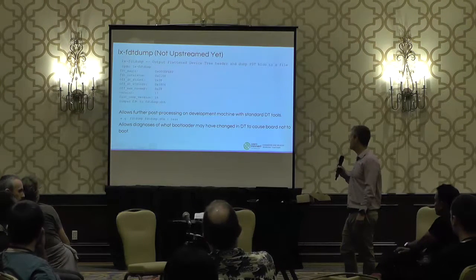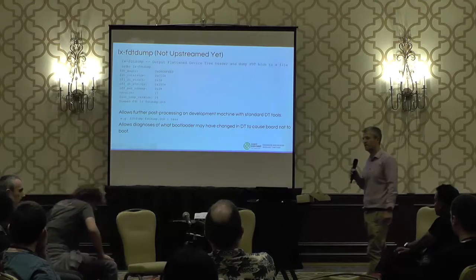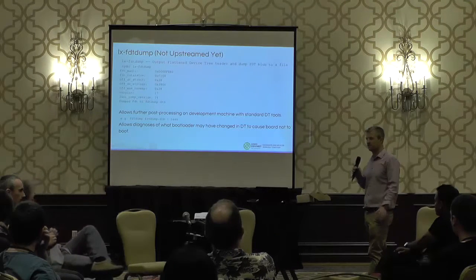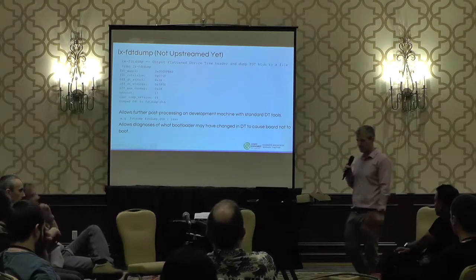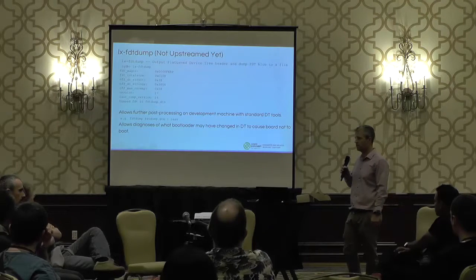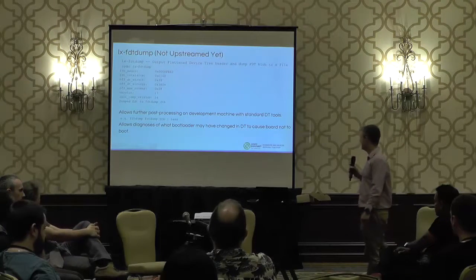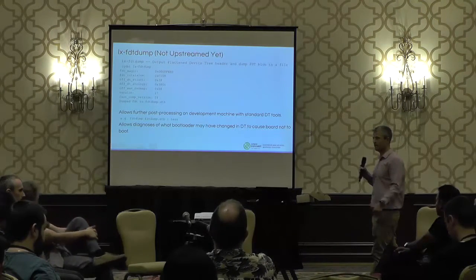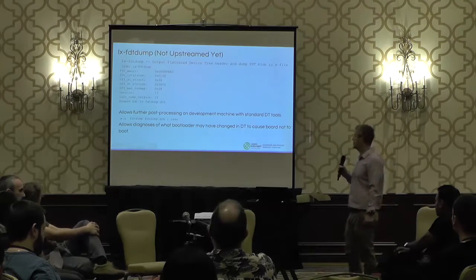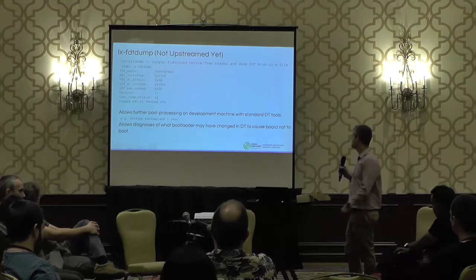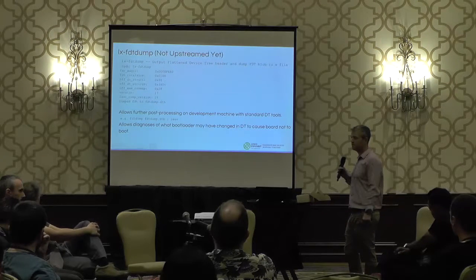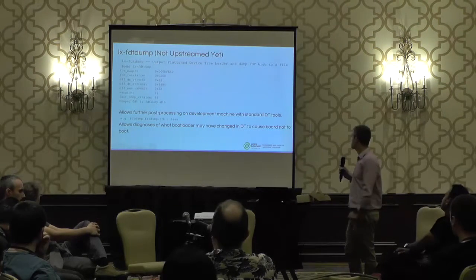I think the main use for this command is, I've had this before where U-Boot rewrites some stuff in your device tree, and then your kernel doesn't boot, and you don't quite know what it did. So the idea is you can dump that initial device tree out to your host via JTAG, and then you can use standard tools to do further processing of it.